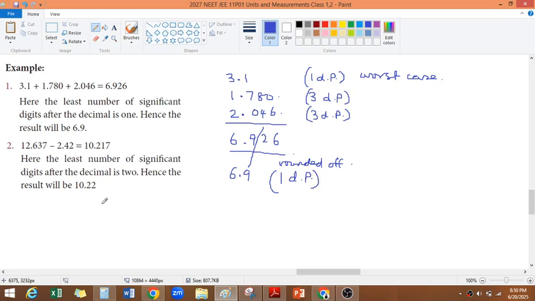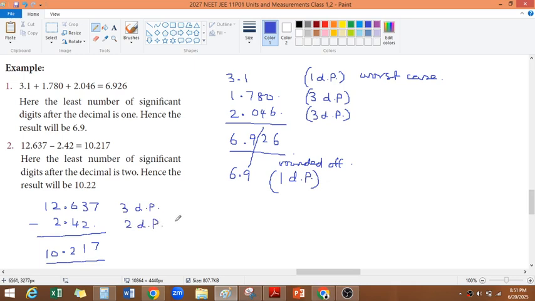Subtraction also you have to follow decimal points. 12.637 minus 2.42. If I subtract, 7 minus 0 is 7, 3 minus 2 is 1, 6 minus 4 is 2, 12 minus 2 is 10. As I said, this has 3 decimal points, this has 2 decimal points.